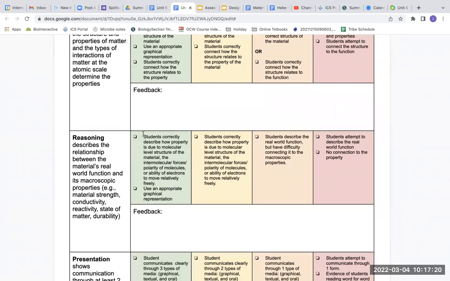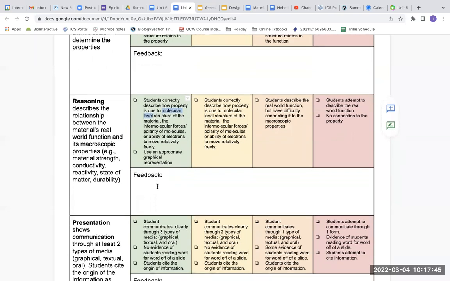This kind of reasoning is expected for this part, where you look at the molecular structure: what types of intermolecular forces are there, the strength of them, the polarity of the material, and how electrons are being shared and produce those kinds of properties.